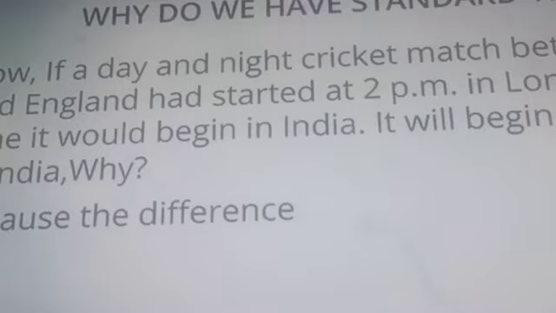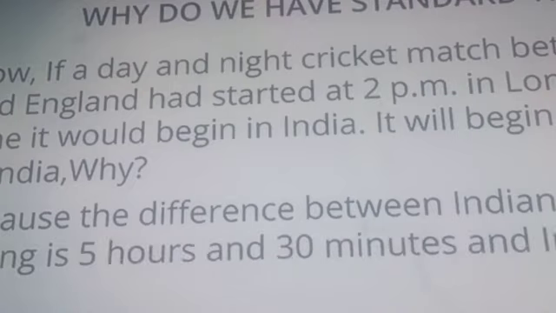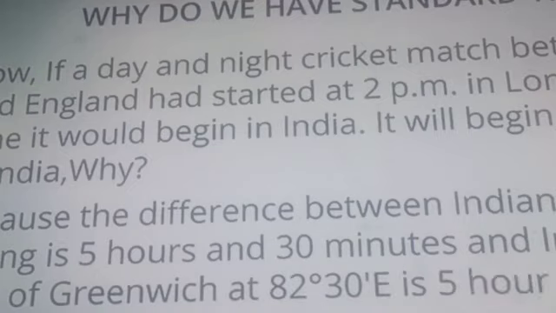in India. Why? Because the difference between the Indian and England timing is 5 hours 30 minutes, and as India is located east of Greenwich at 82 degree 30 minutes east, so it is 5 hours 30 minutes ahead of Greenwich Mean Time.